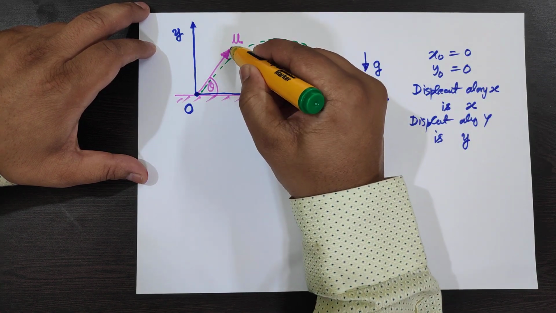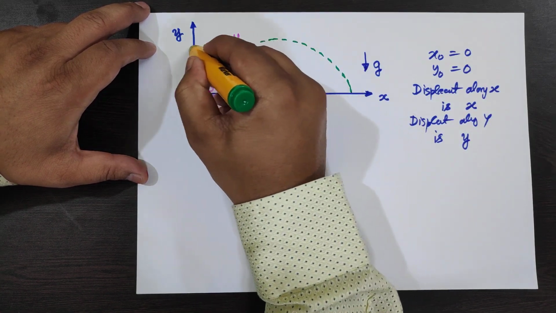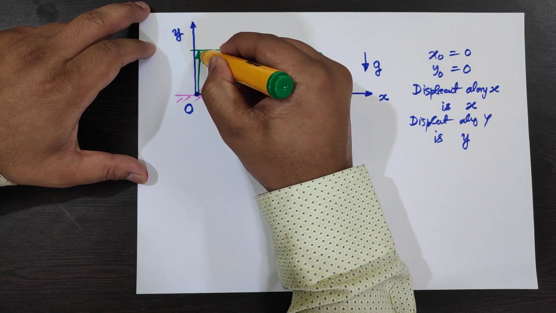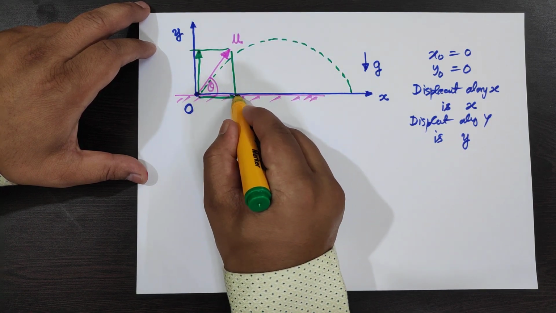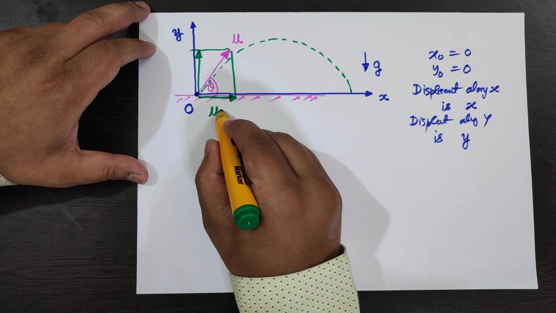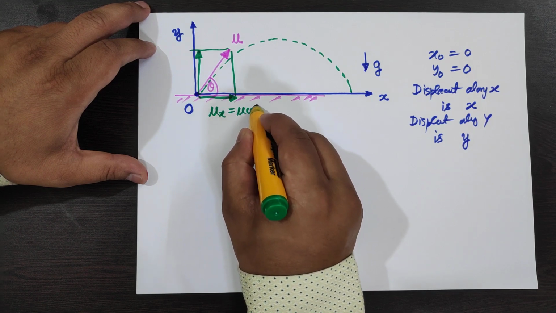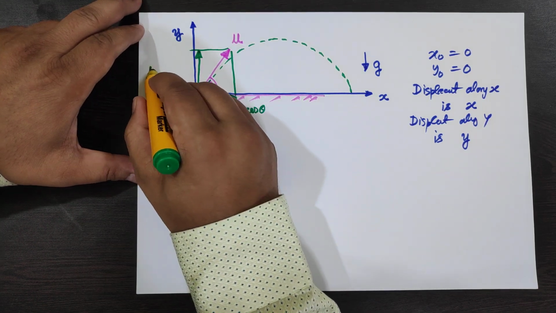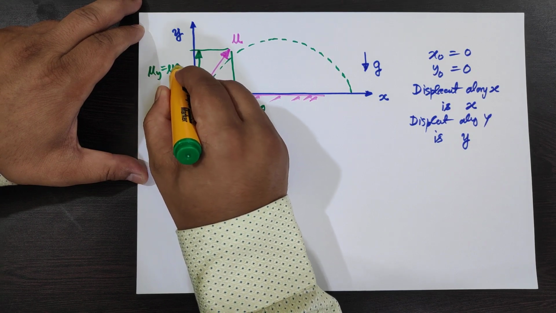Let's resolve the velocity into its components, this component and this component. Now this is ux equal to u cos theta, and this is uy equal to u sin theta.